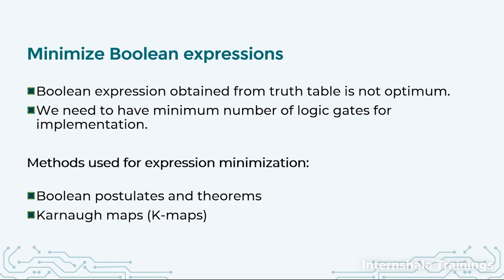But that may not give us the minimum result all the time. So then we use the graphical method, and that is K-maps. We are going to share a set of examples and practice problems with you for both these methods in the resource section.